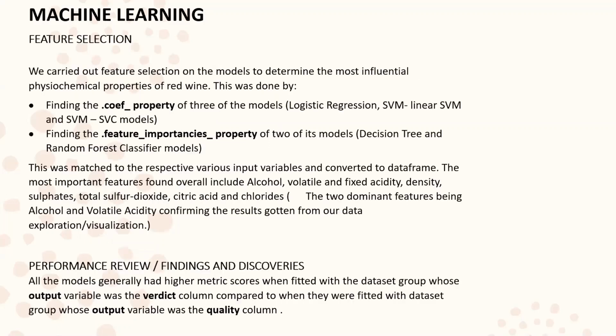We also carried out feature selection on each of the models by using the coefficient properties of the models like logistic regression, the linear SVM, as well as the SVC models. Then for the decision tree and the random forest, we calculated the feature importance by checking the feature importance properties of both of them.